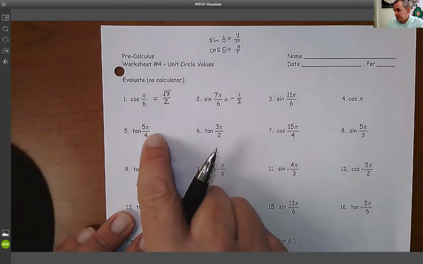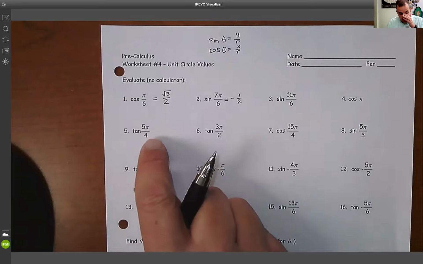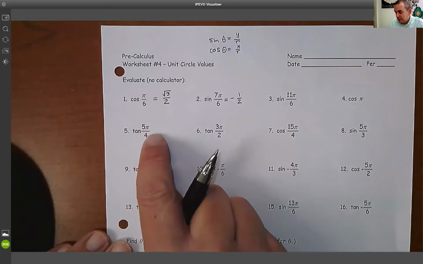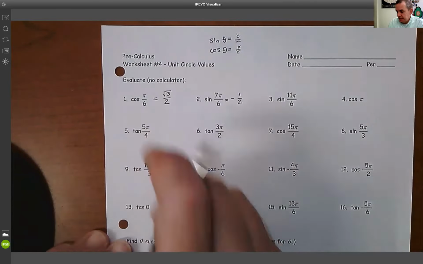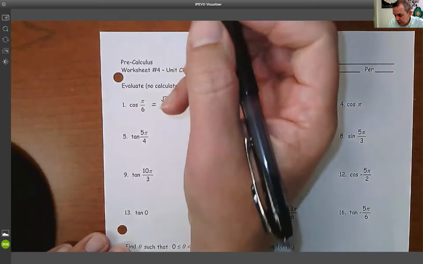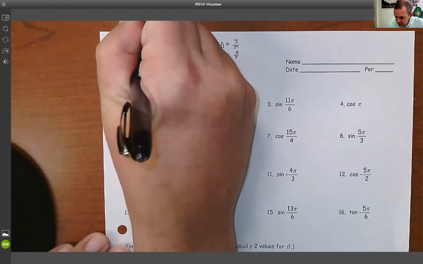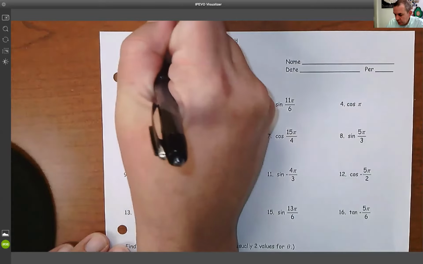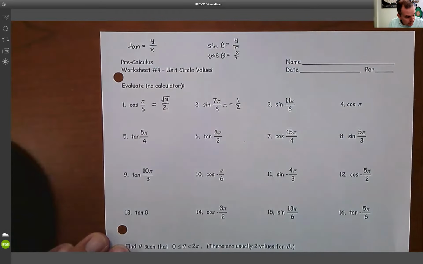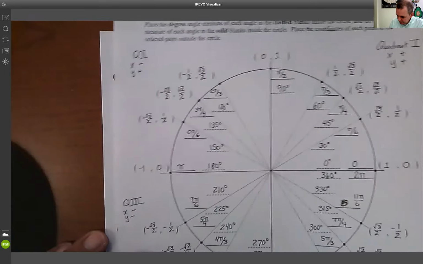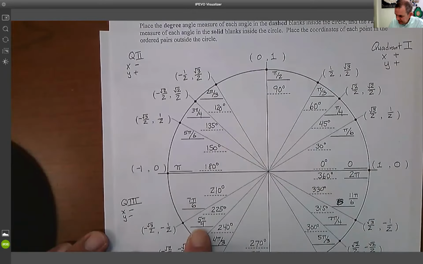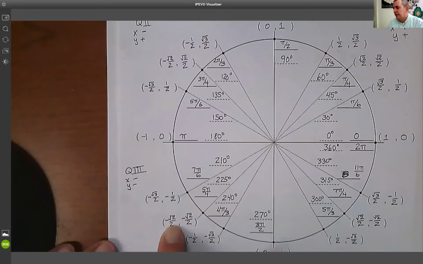Let's do a tangent. Tangent 5 pi over 4. Remember, tangent is y over x. So we need to take our y value and put it over our x value. We look around here and find 5 pi over 4, which is negative root 2 over 2, negative root 2 over 2.